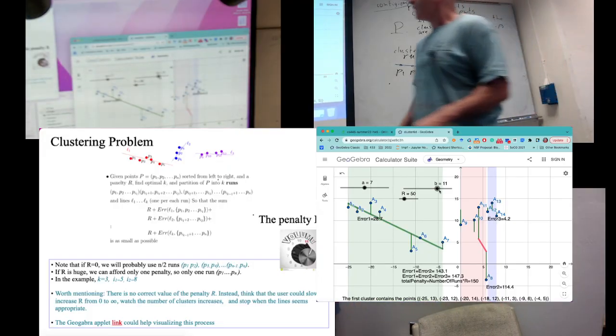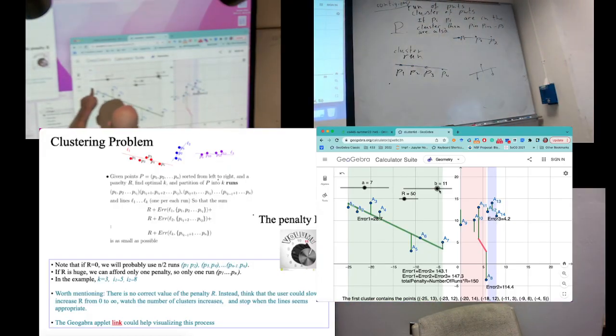I'm thinking my GeoGebra doesn't work well, but in this case, I have one cluster from A1 until A7, another cluster from A9 until A14, and another cluster that starts at A11 and ends at A14. So I'll have 3 clusters, and each one introduces its own error. Now I have an error for the third cluster, which means what?